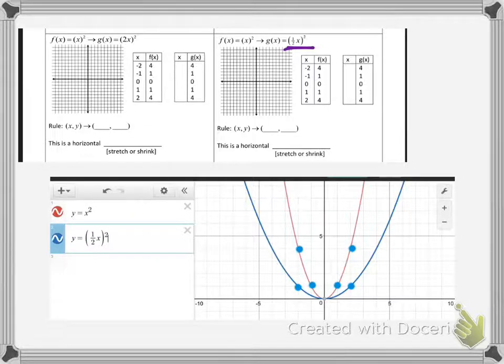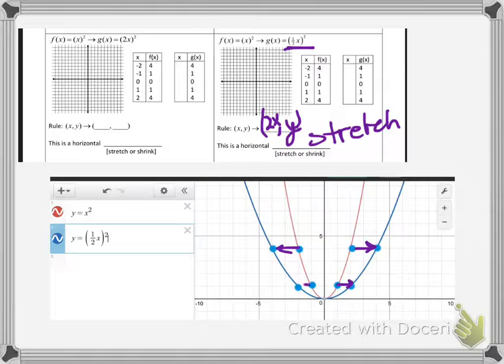Plus and minus 2 in x are now at plus and minus 4 in x for the same y values. So what's happening here is that x is actually being doubled. So again, it does the exact opposite of what you might expect just from looking at it. So this is actually a horizontal stretch. Things are being pulled out horizontally while not changing vertically.